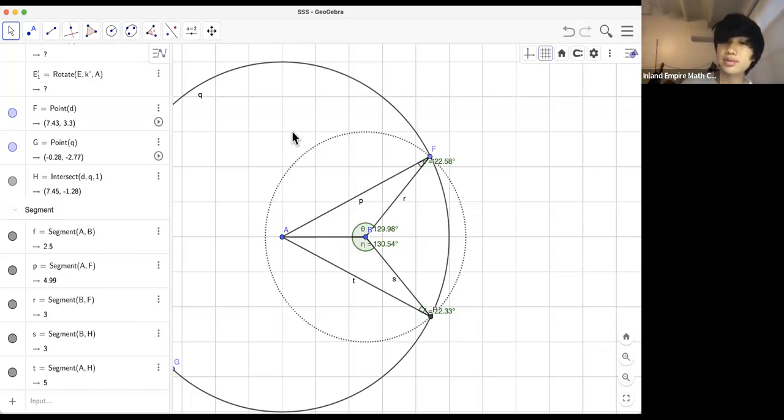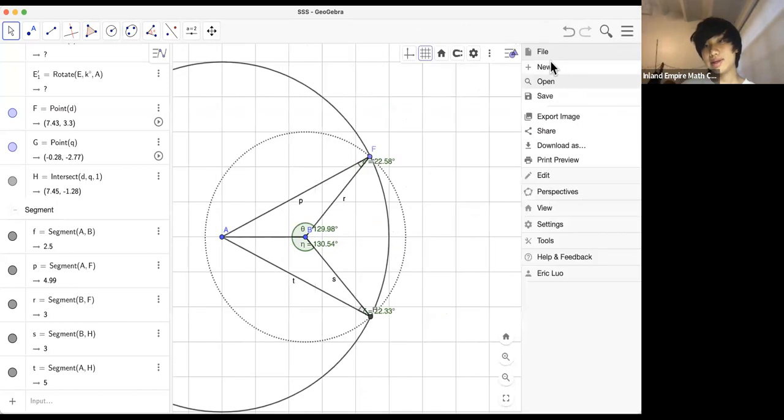And finally, we will move on to talking a little bit about what SSA is, or you could also call it ASS. It's about the order in which you know the values.